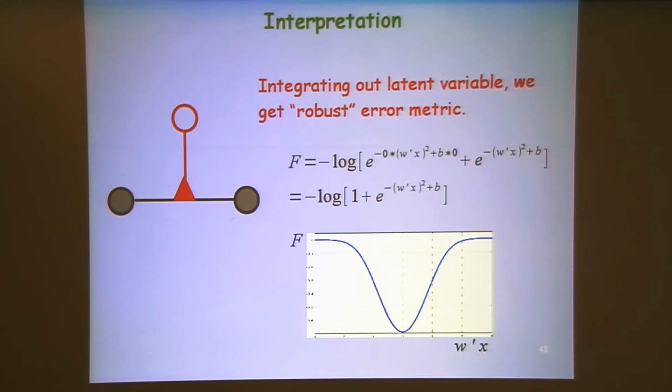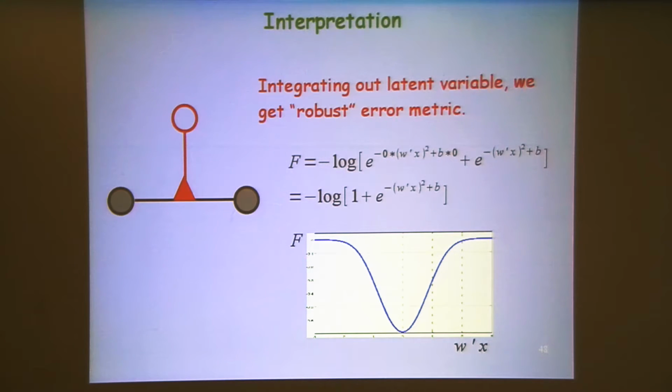And this goes back to the fact that if you compute the energy corresponding to the marginal distribution of the input, the marginal distribution is going to be proportional to the exponential of a negative energy. This can be computed exactly by marginalizing out the latent variables, and that's the computation that is given here. If you plot this energy function as a function of the filter output, you find that it is not a quadratic.